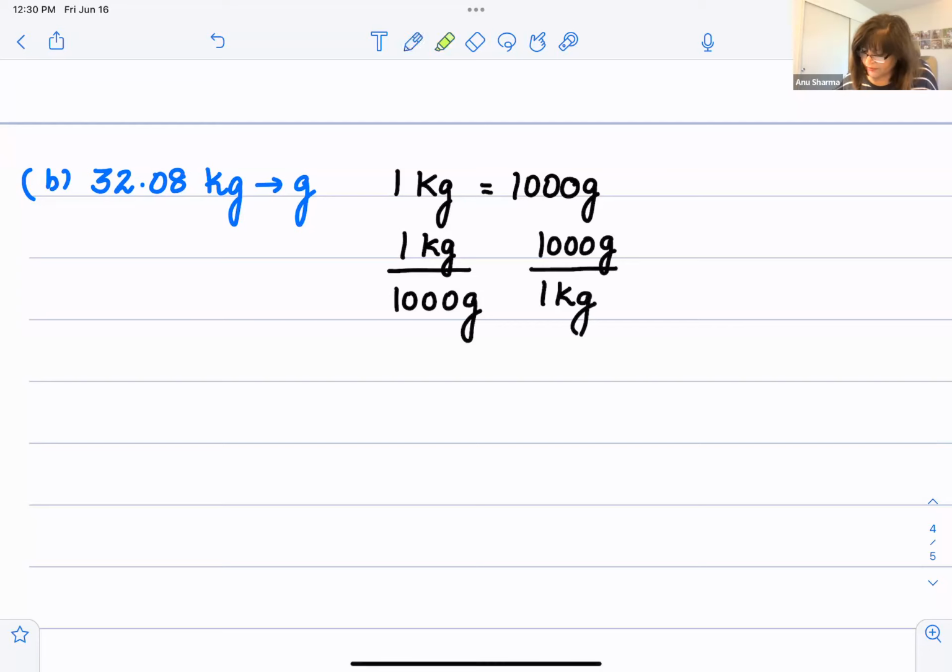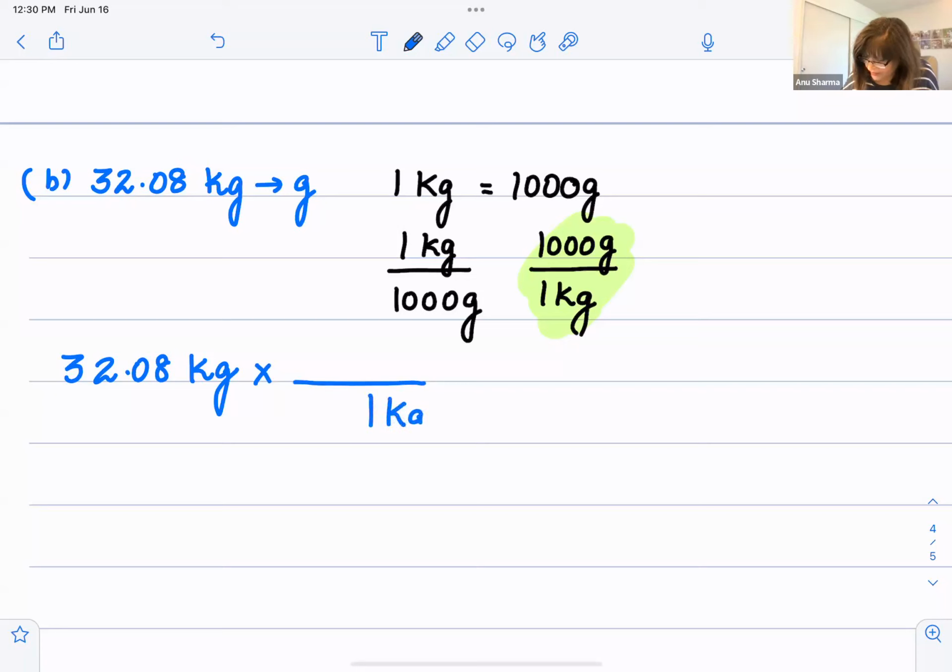And we need the grams, so that's why we are going to use this conversion factor. Now write down the given, which is 32.08 kilograms. And then you multiply it by the conversion factor that has the kilograms in the denominator, so that it can be canceled out. And we want the grams, so they are going to be on the top: 1,000 grams and 1 kilogram.